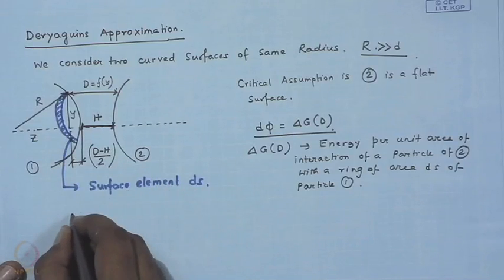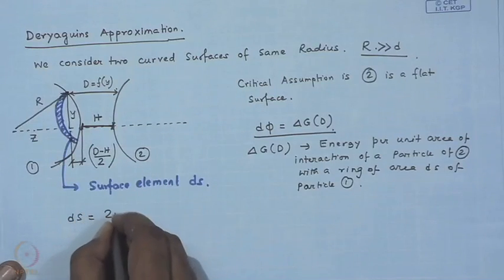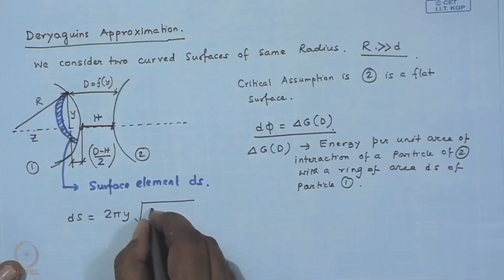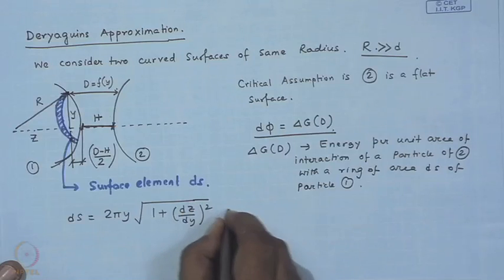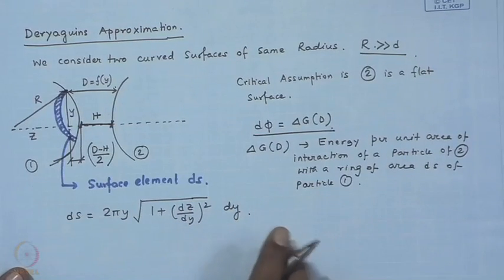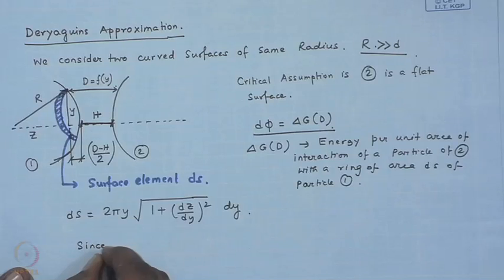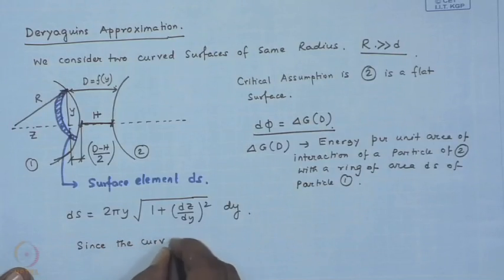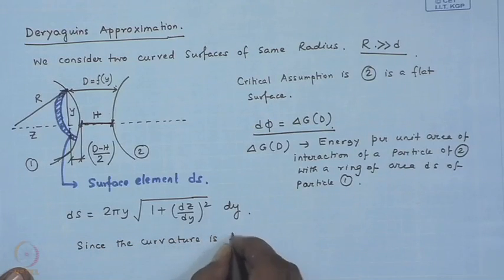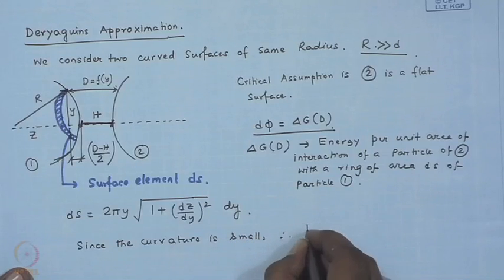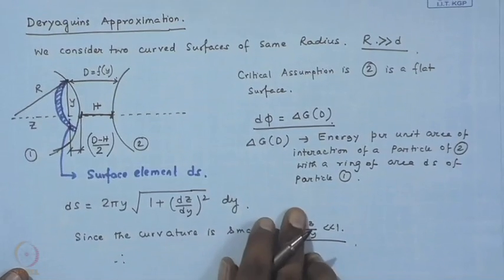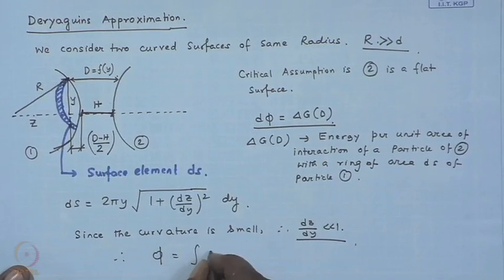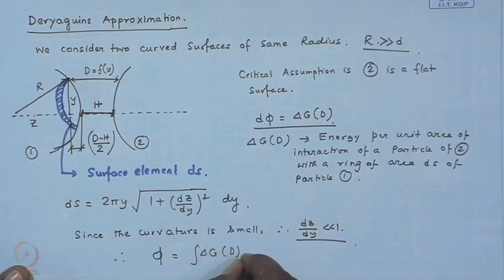And you can also see from simple plane geometry that ds turns out to be 2 pi y into under root of 1 plus dz dy whole square into dy. Since the curvature is small, therefore, dz dy can be regarded as much smaller than y, and therefore, d phi is delta g d into 2 pi y dy.